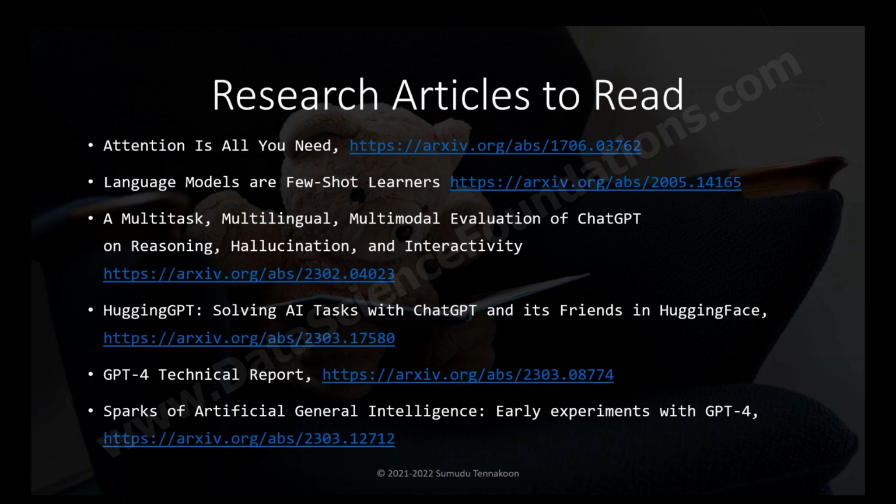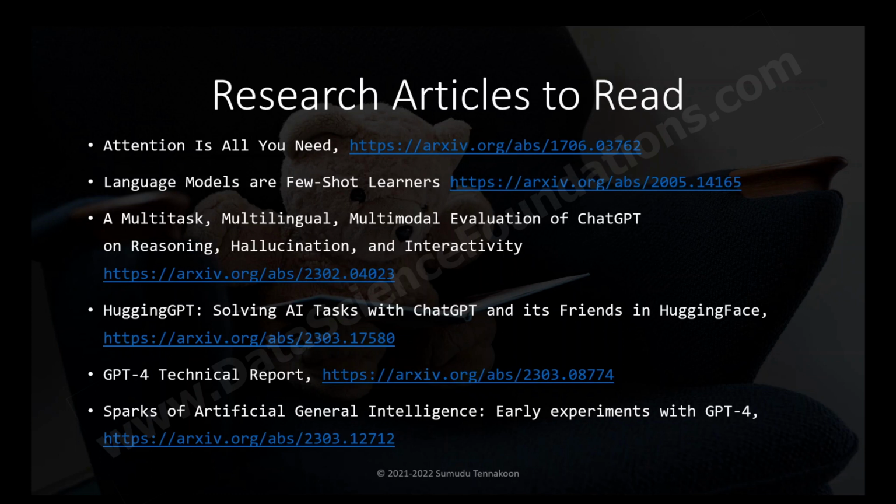The very first one, which I introduced in the previous video, is Attention Is All You Need, which is the breakthrough of transformer architecture. That is a paper about the transformer architecture, which made the breakthrough for the development we have seen in the last few years. That is a very important and interesting paper. If you get time, you should read it.